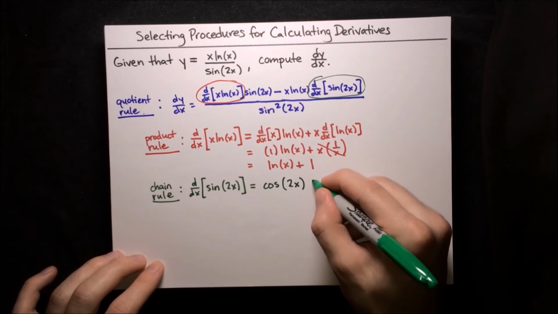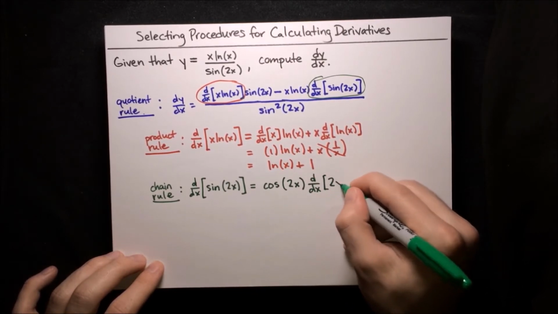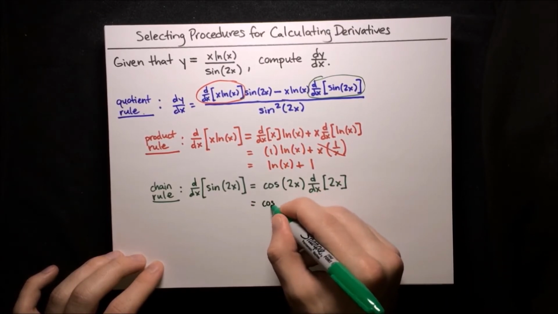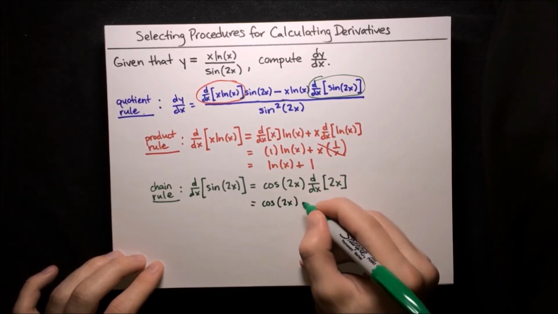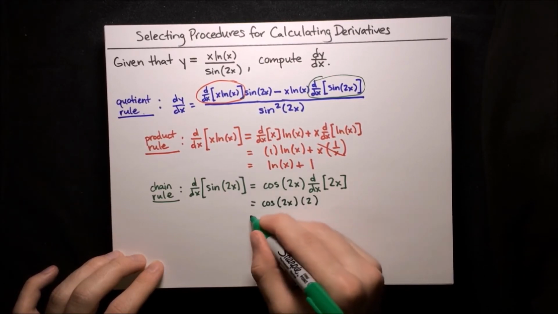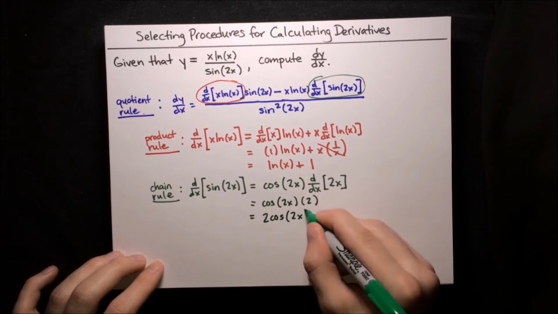But then you also have to multiply by the derivative of that original input, which was 2x. So this comes out to cosine of 2x times the derivative of 2x. The derivative of 2x is just 2, so this is really just 2 cosine 2x.